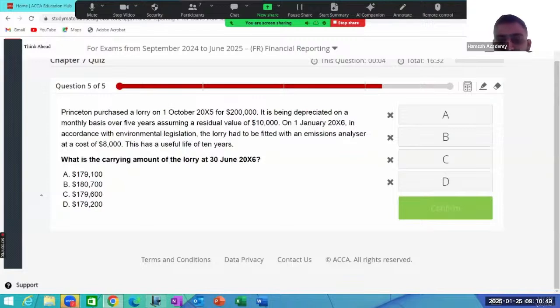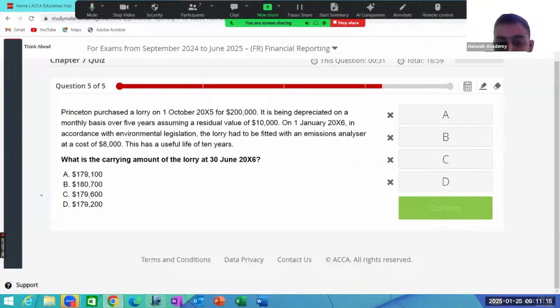Now, P purchased a lorry on 1st October X5 for 200,000 and is being depreciated on monthly basis over 5 years, assuming residual value of 10,000. Then on 1st January X6, in accordance with the environmental legislation, they had to fit an emission analyzer in the lorry, which cost 8,000, and the analyzer has a useful life of 10 years.